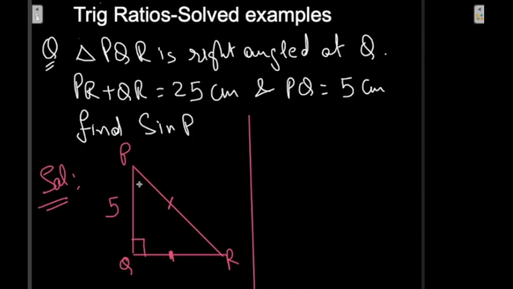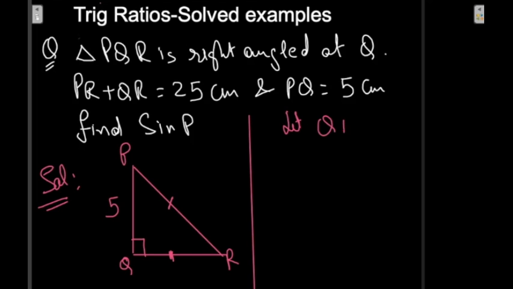Now let QR be X. Let's assume some side, okay?